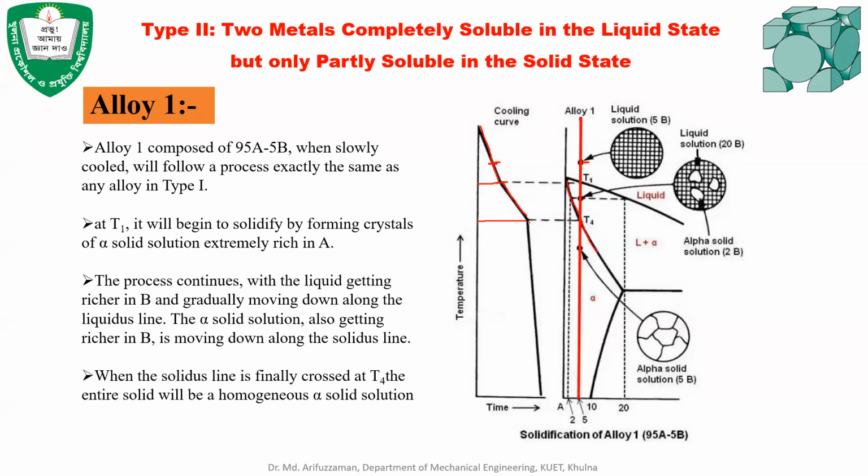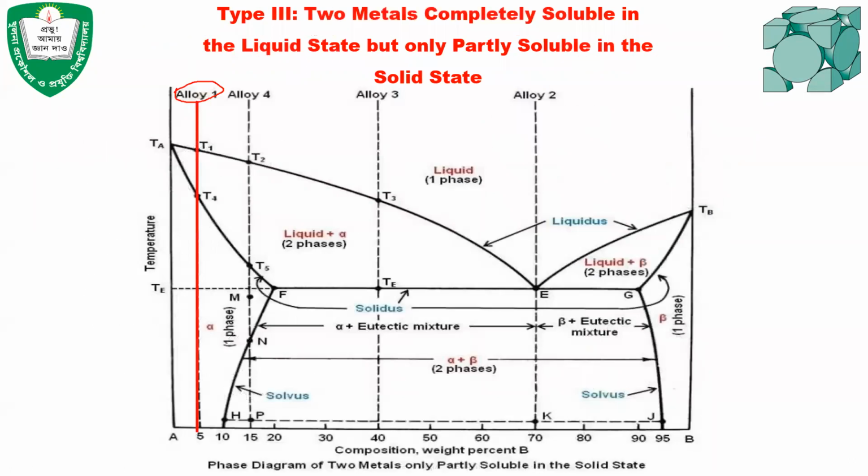Once solidification is complete, it goes to room temperature, and there is no eutectic in this case. To be more clear, this is the combination of type 1 and type 2 diagrams. In the case of the type 1 diagram, when the alloys solidify, metal A and B are completely soluble up to this point.